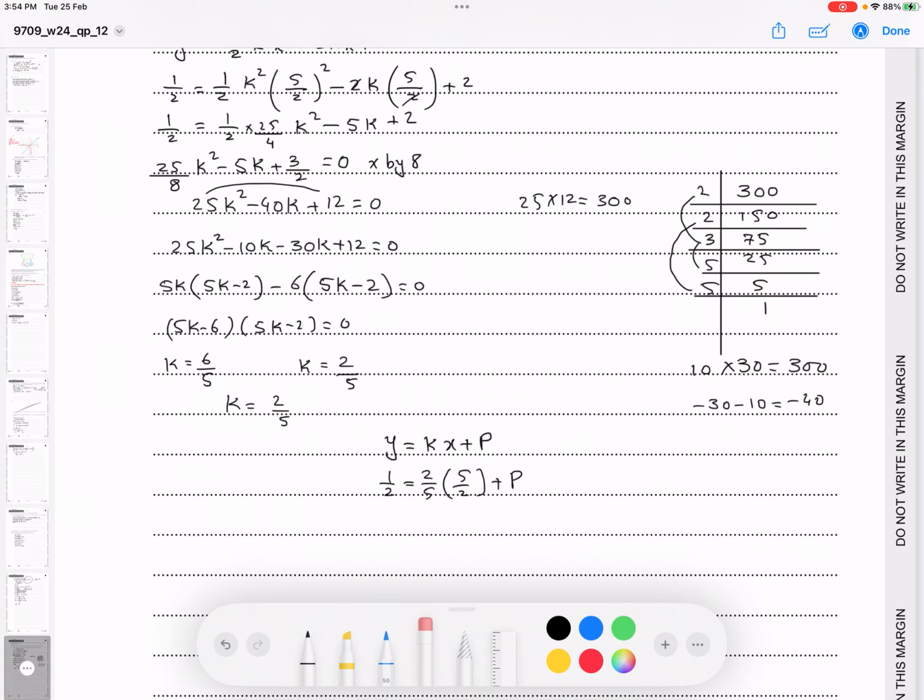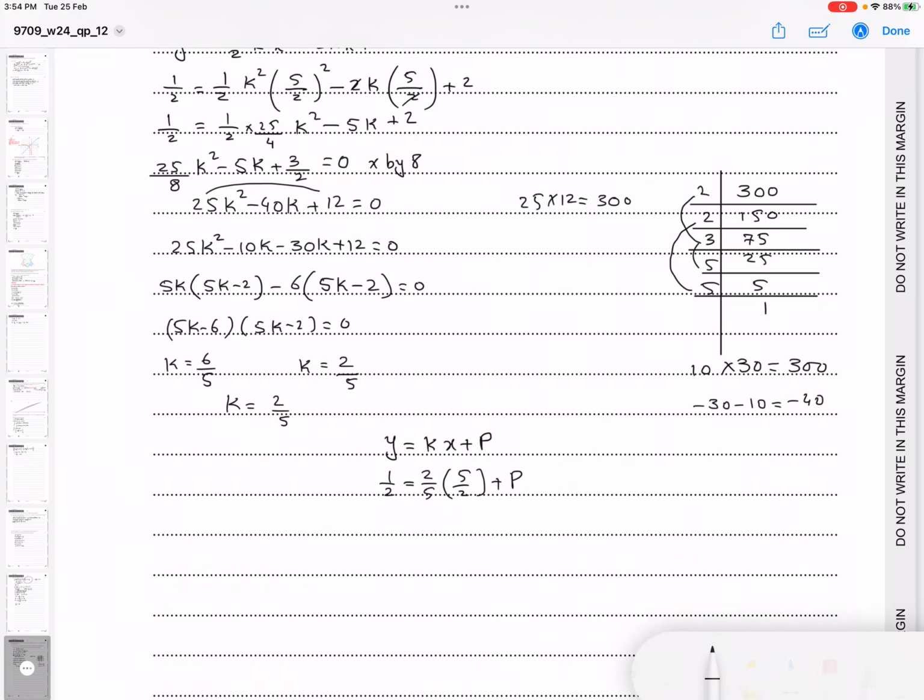It's better to write it after this. So from here, if you simplify, you will get p is equal to minus 1 over 2.